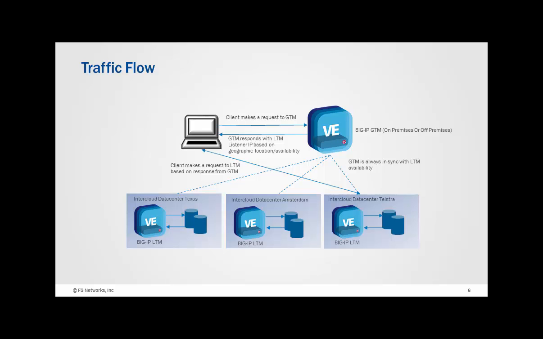Once the client makes a request to the BIG-IP GTM, the BIG-IP GTM is going to respond with the IP address of one of the BIG-IP LTMs, and then the client is going to make a direct request to the BIG-IP LTM for the data traffic.